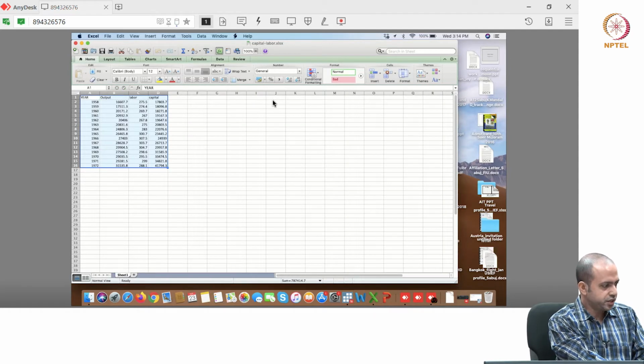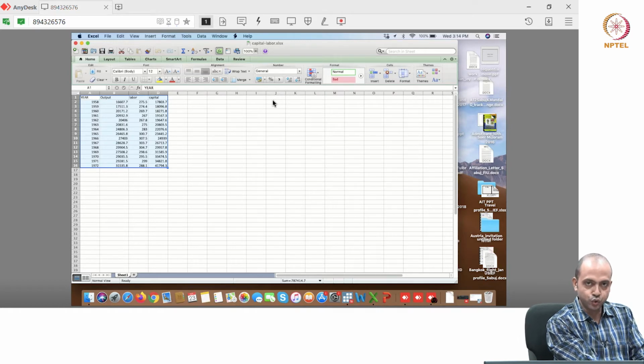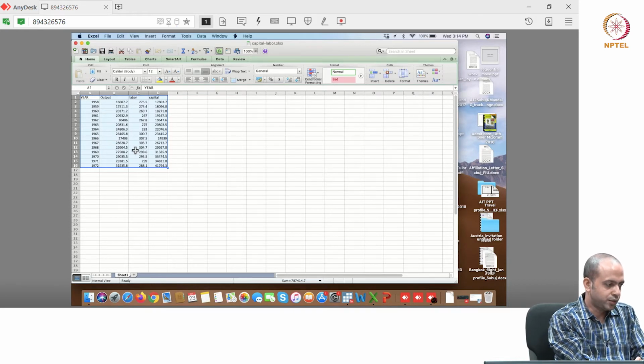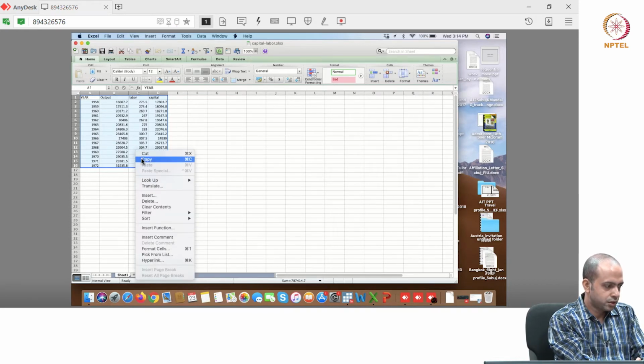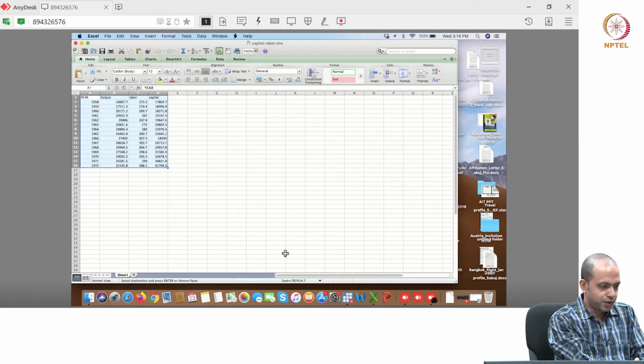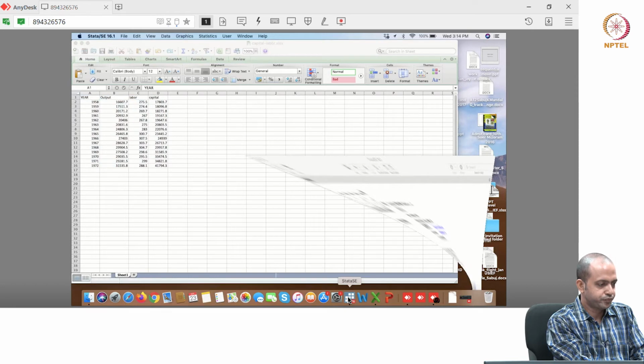This is my data set where I have renamed the variables: output, labor and capital. These are the three variables, and I have data from 1958 to 1972. This is the time series data I have, and I will copy this and put it into the statistical software Stata.